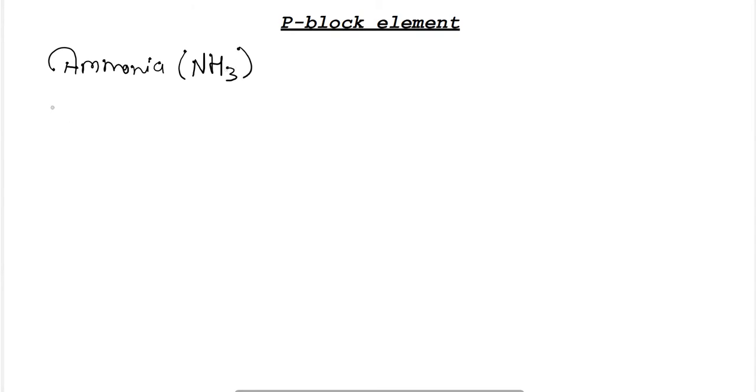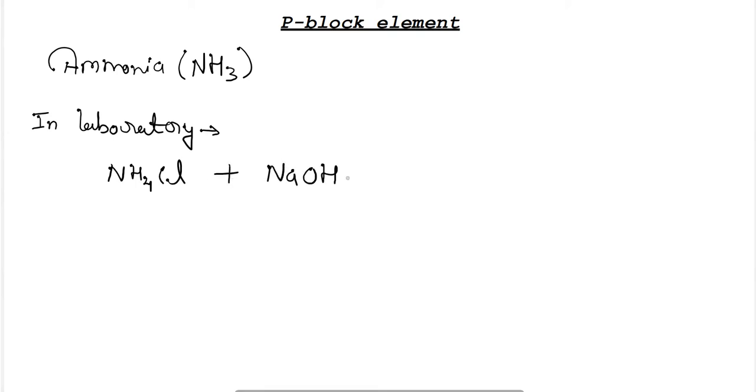The preparation of ammonia can be done in the laboratory. It can be prepared from NH4Cl and NaOH, that is ammonium chloride plus sodium hydroxide.